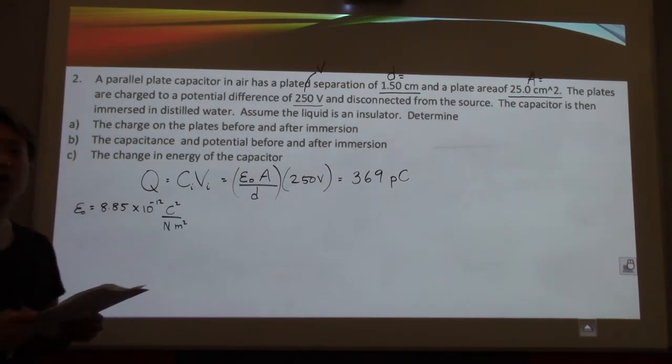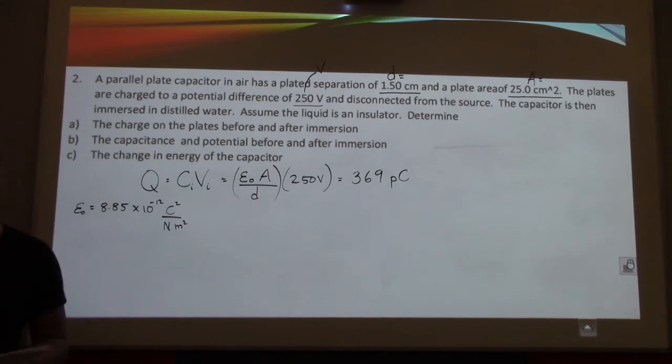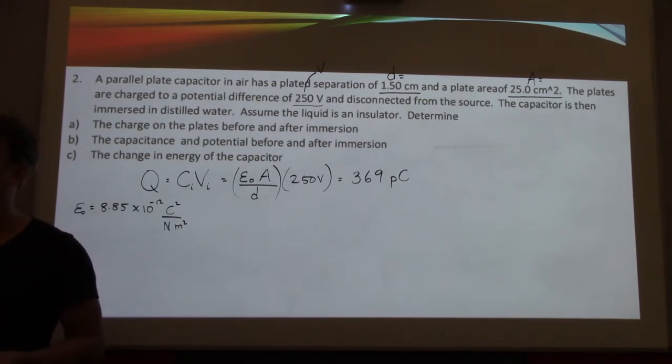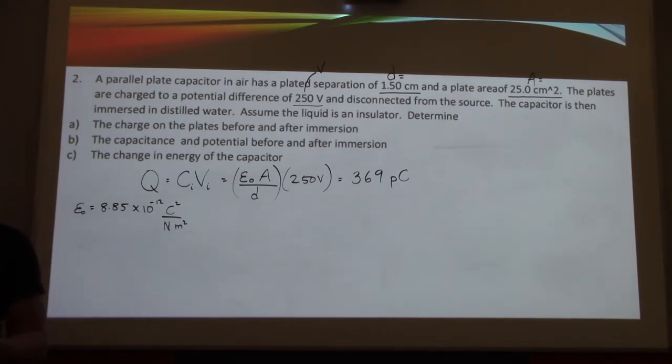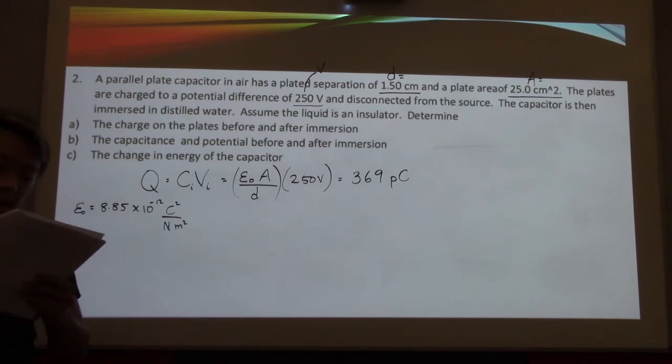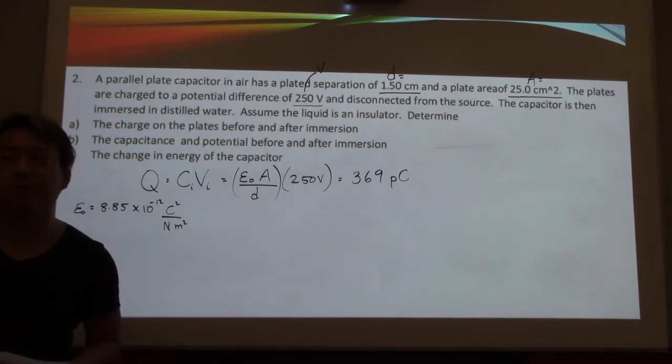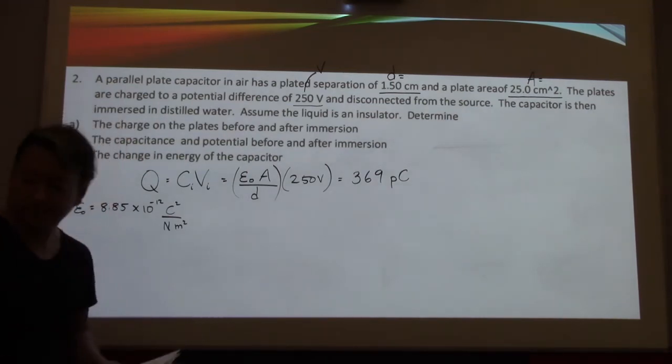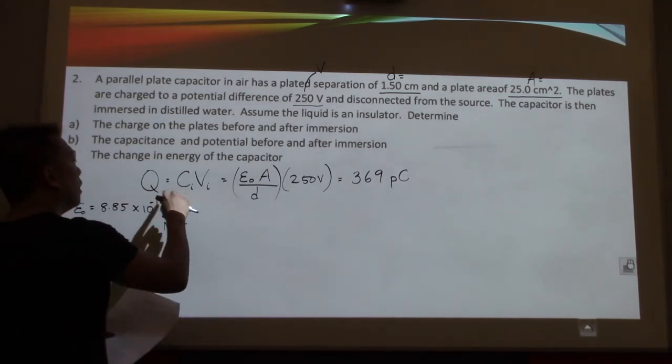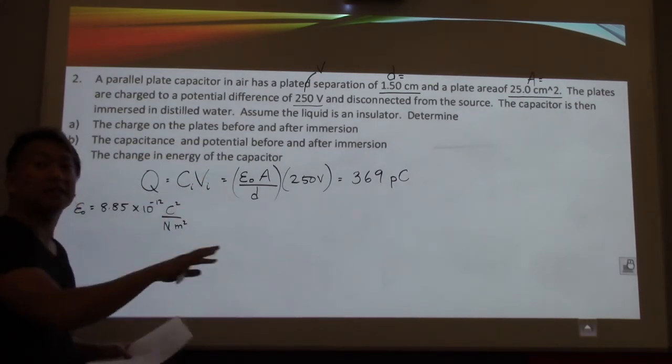The charge on the plates. Actually, that kind of makes sense because the water doesn't prevent the charges from building up on the plates. But let's look at another quantity, which is the capacitance. Does the capacitance change by doing that?